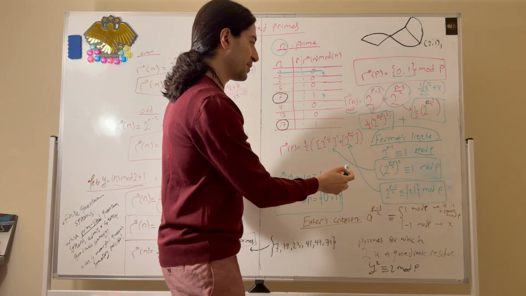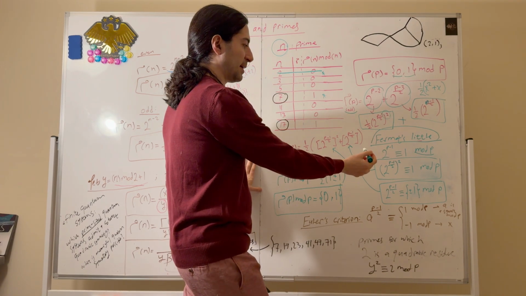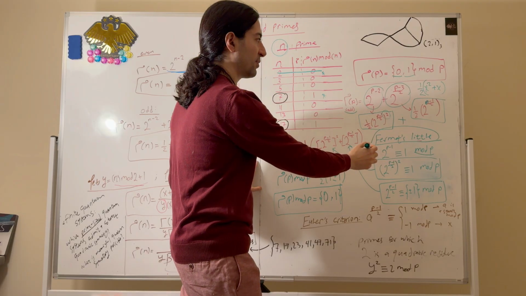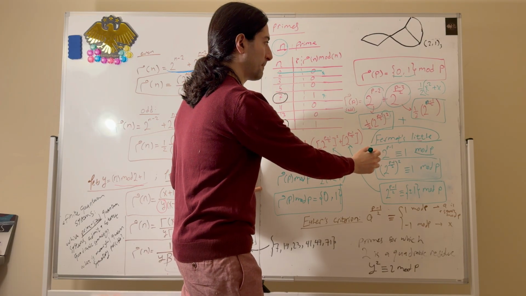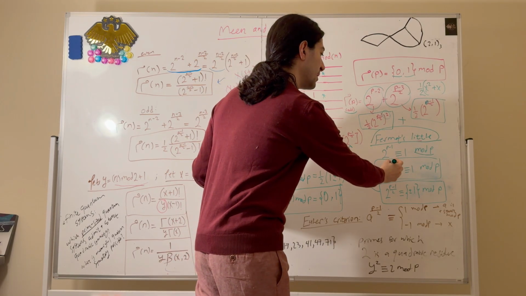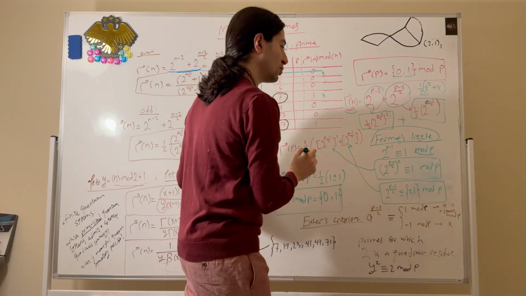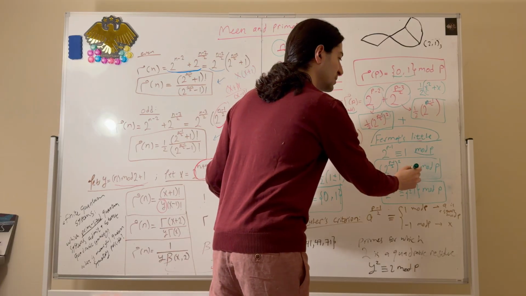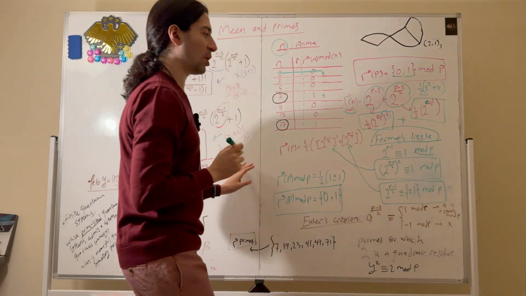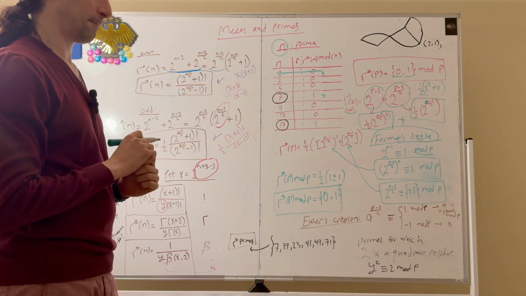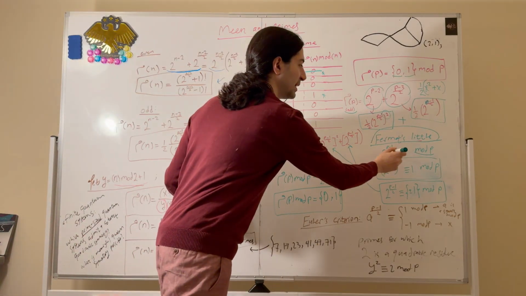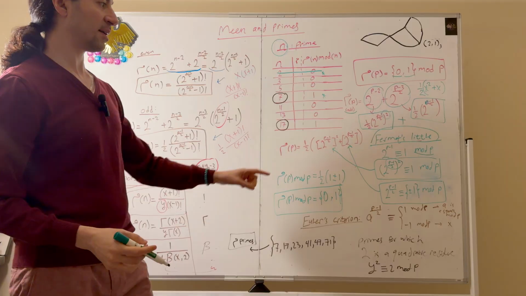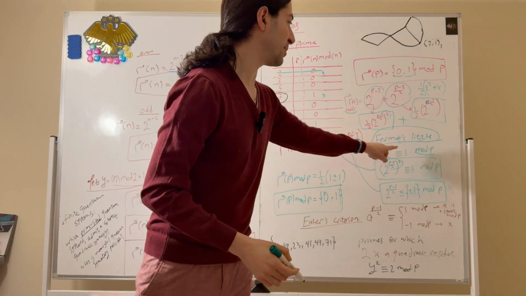This means that 2 to the power of p minus 1 over 2, squared, is congruent to 1 mod p. Because if you multiply by 2, you get the same thing you have here, which is 2 to the p minus 1.